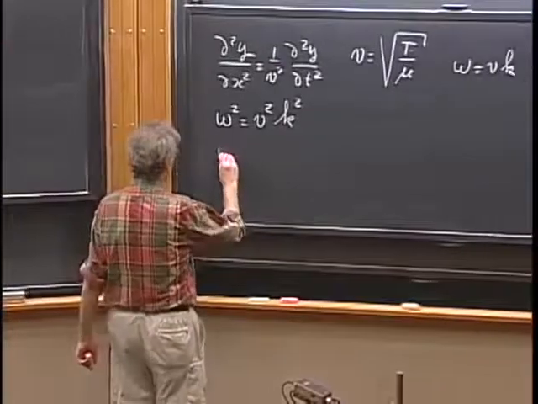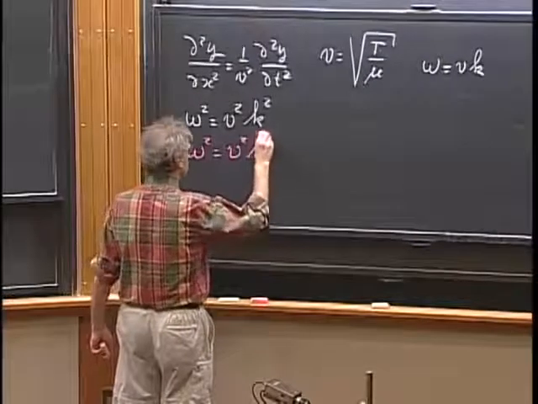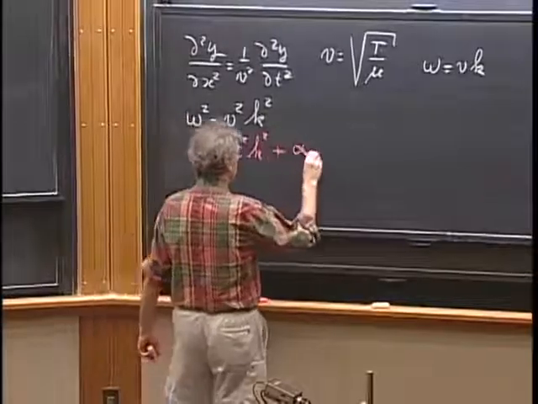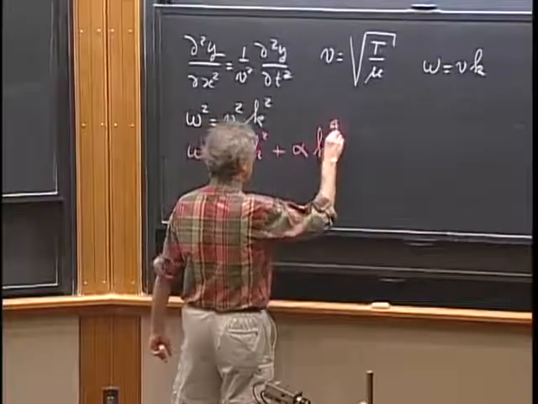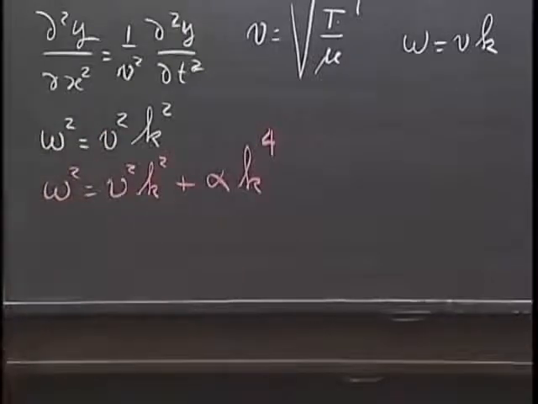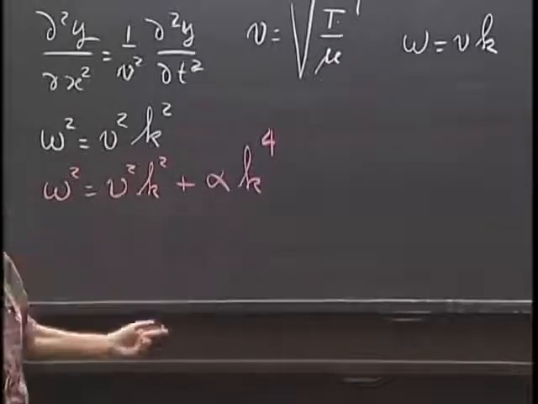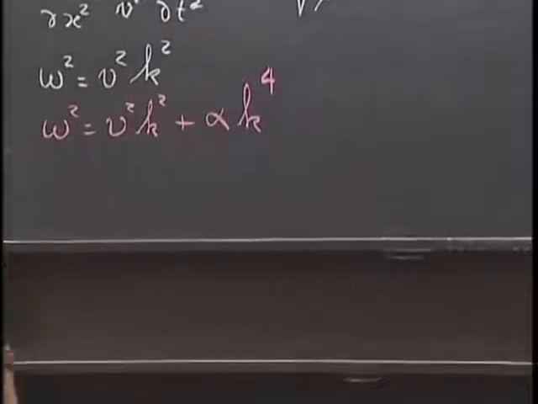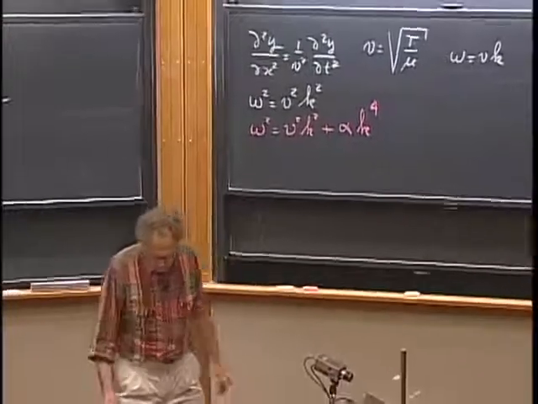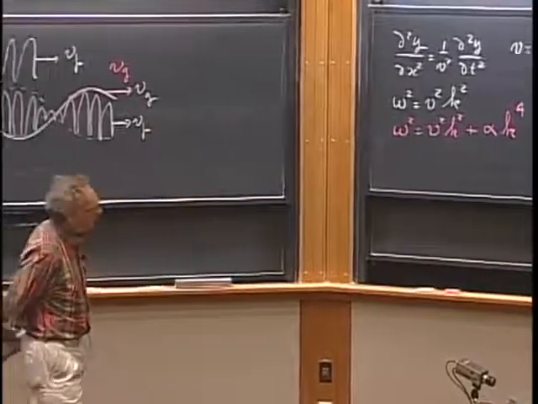Now you get that omega squared equals v squared times k squared plus alpha times k to the power 4. And this is the result of that stiffness. Becker and Barrett call this alpha a squared. That's fine, of course, that's just a matter of definition. a is a positive number. And what this tells you is that the higher the frequency, the higher the speed of propagation.